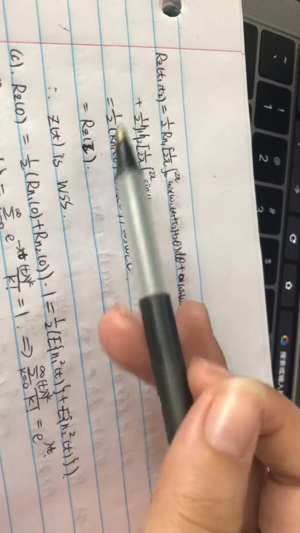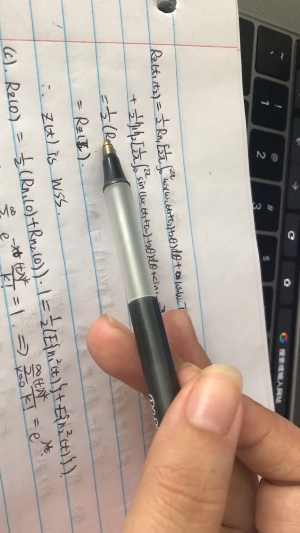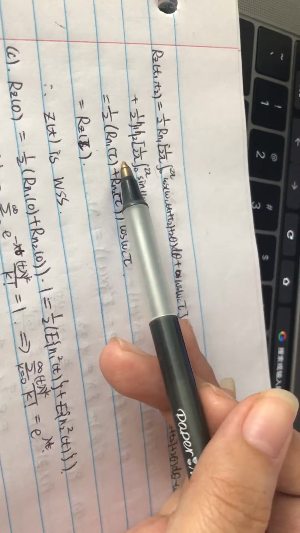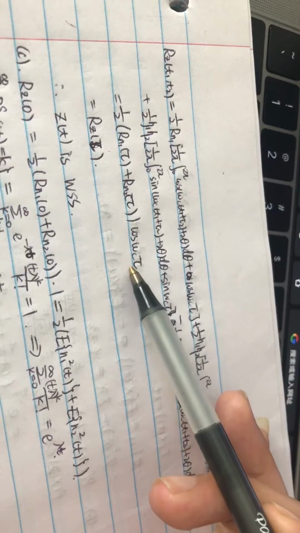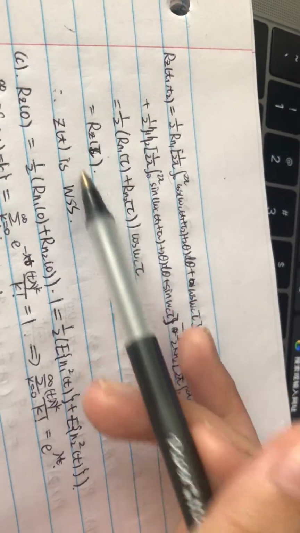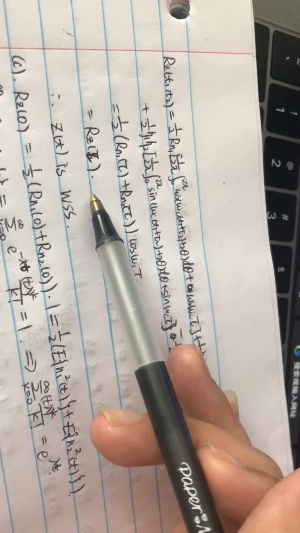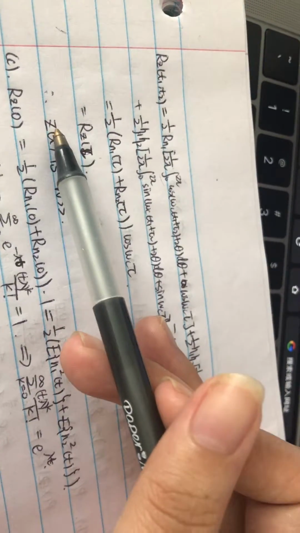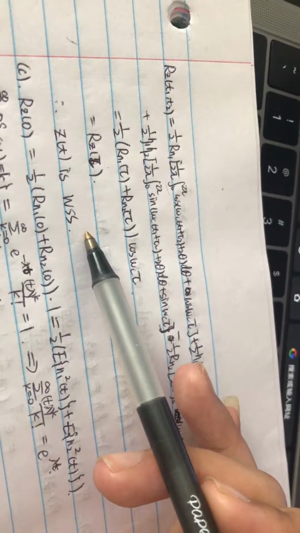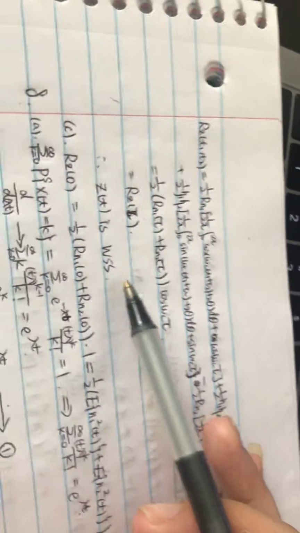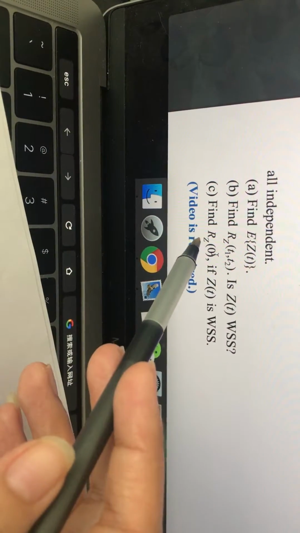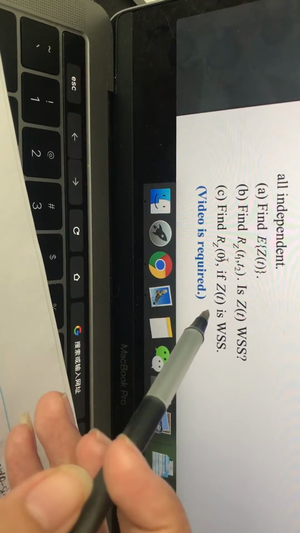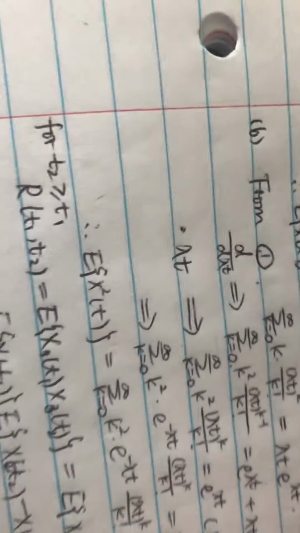So we have 1/2 times R_n1(tau) plus R_n2(tau) times cosine(omega c tau). So this is equal to R_Z(tau). So Z(t) is wide-sense stationary.